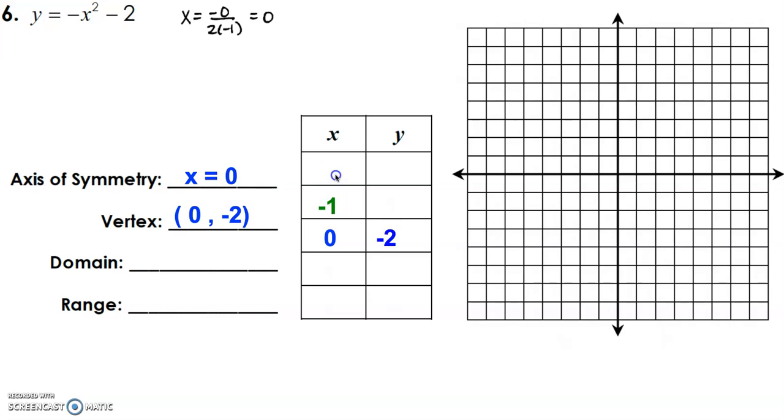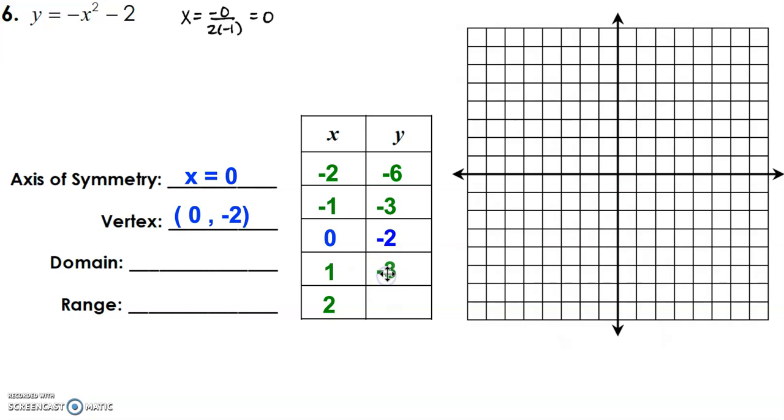So points on either side should be -1, -2, and +1, +2. When I plug in those values for x, I get -6 back from -2 and -3 back from -1. What do we expect to get for +1?